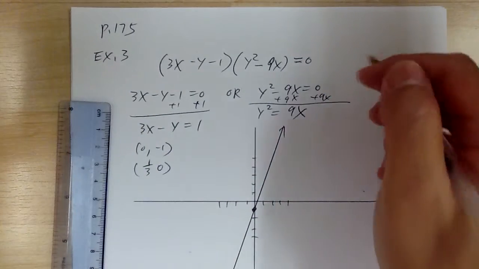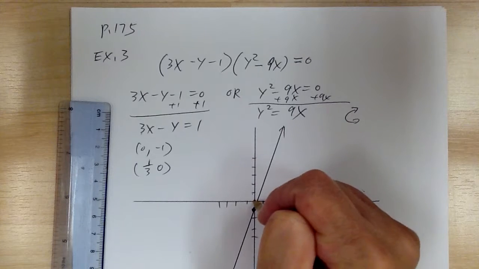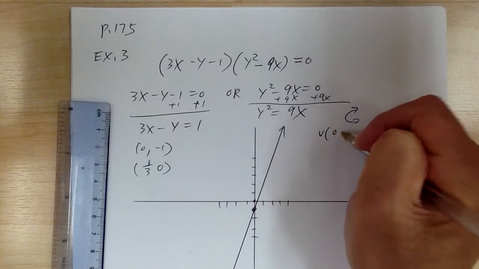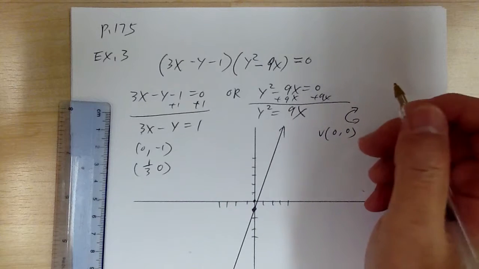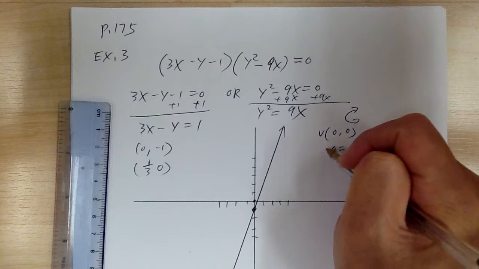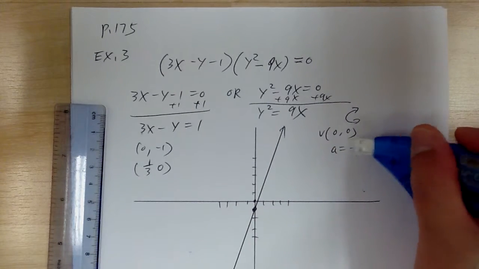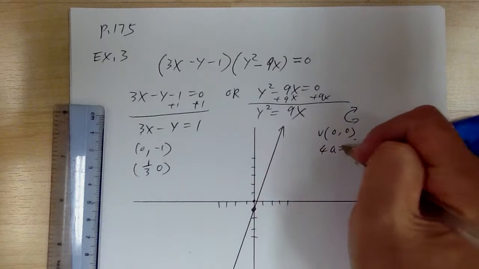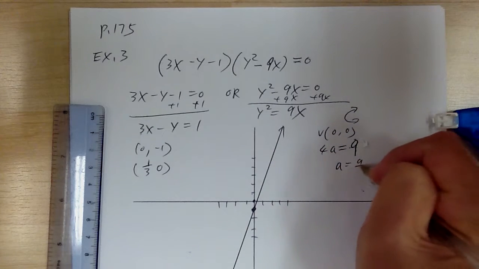Now for this one, this is a parabola in the x direction. So (0, 0) is your vertex. Then 4a equals 9, so a equals 9/4.